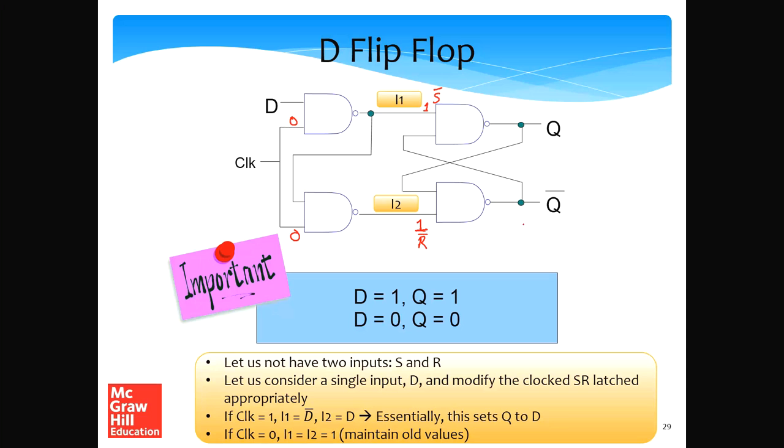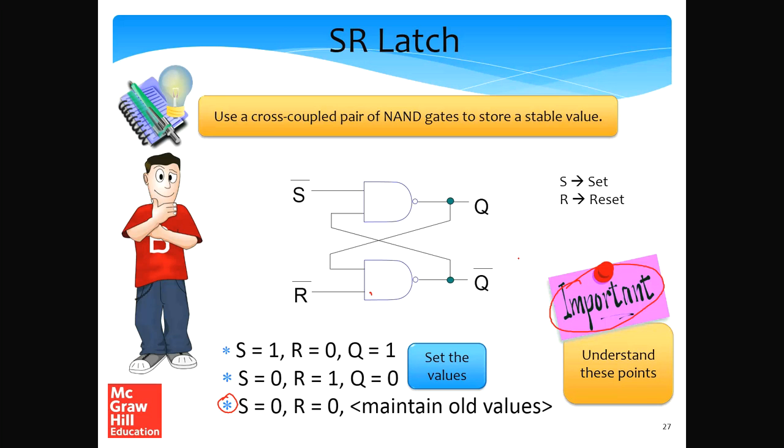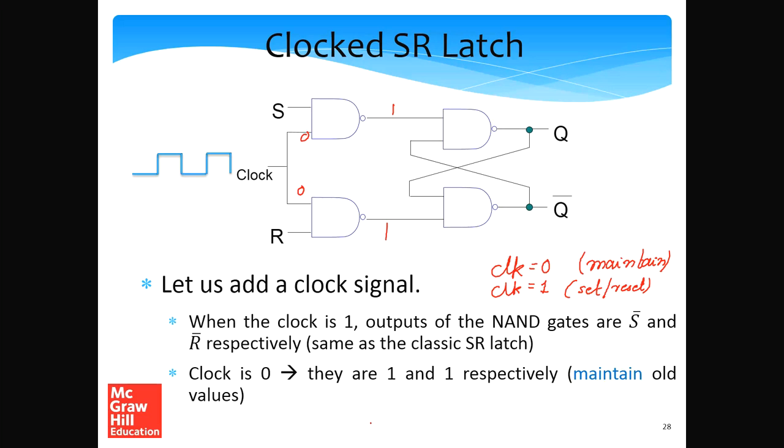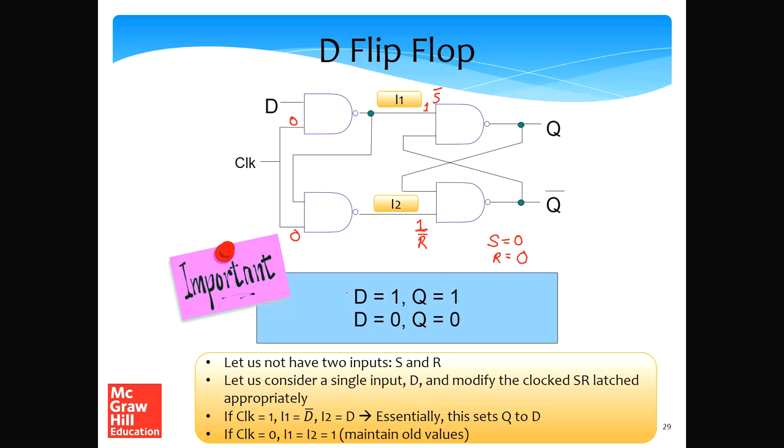So the set signal is 0 and the reset signal is 0. In this case, if we go back to our basic SR latch, if S is 0 and R is 0, we maintain the old values. So we'll do exactly the same. I1 and I2 will be 1, which means set and reset are both 0 and 0. So we maintain the old values.